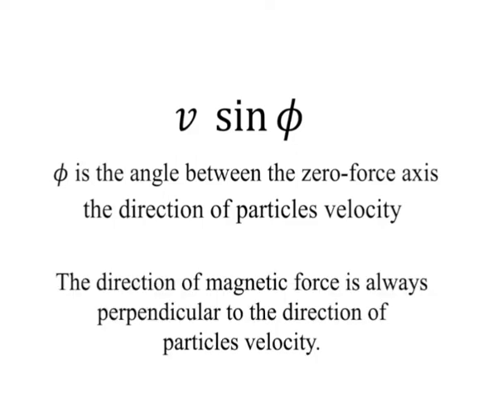Furthermore, the direction of magnetic force is always perpendicular to the direction of the particle's velocity. We can then define a magnetic field to be a vector quantity that is directed along the zero force axis.